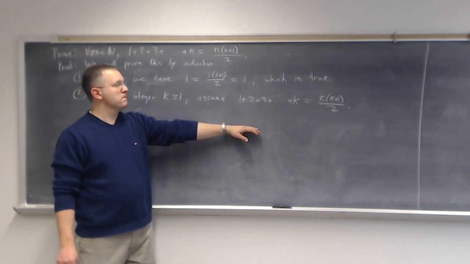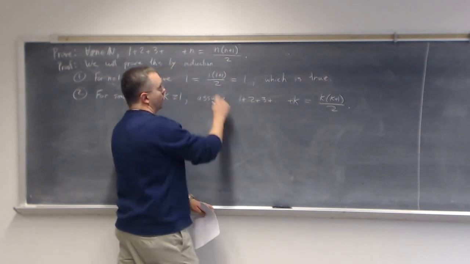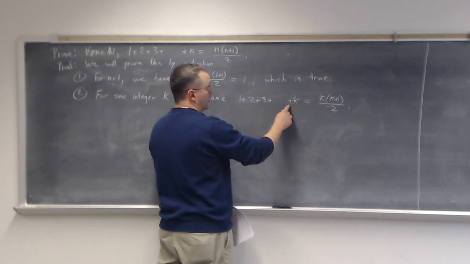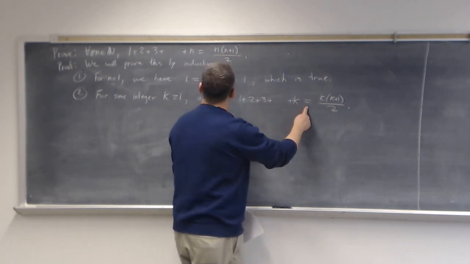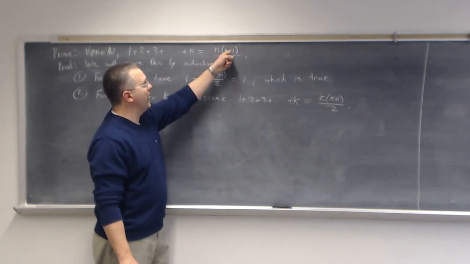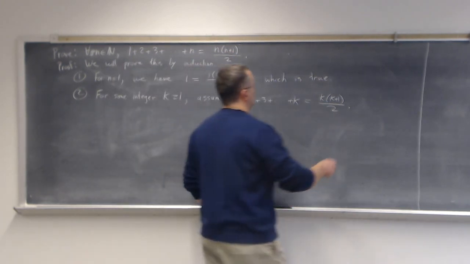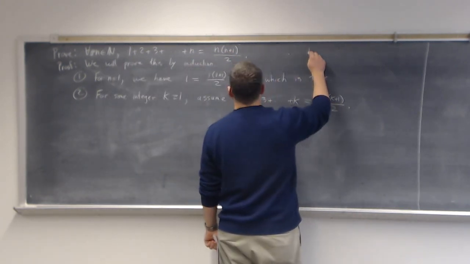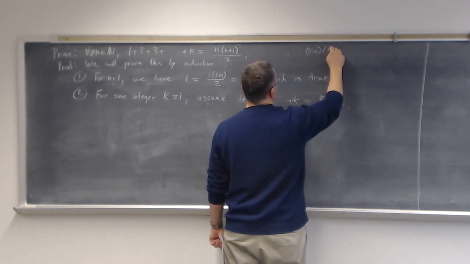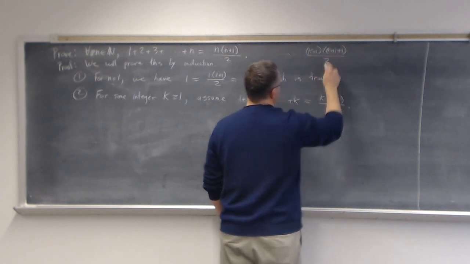If I replace n with k plus 1, then the left side will go all the way up to k plus 1: 1 plus 2 plus 3, all the way up to k plus 1. And on the right-hand side, if I replace the n with k plus 1, it'll look like k plus 1 times k plus 1 plus 1 all over 2.